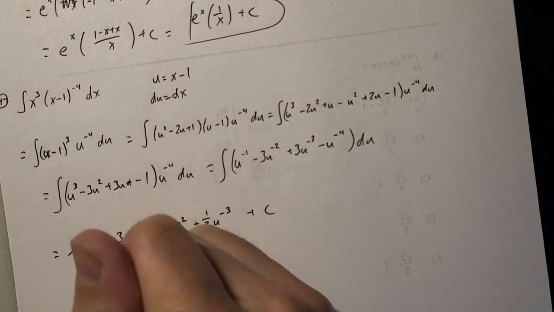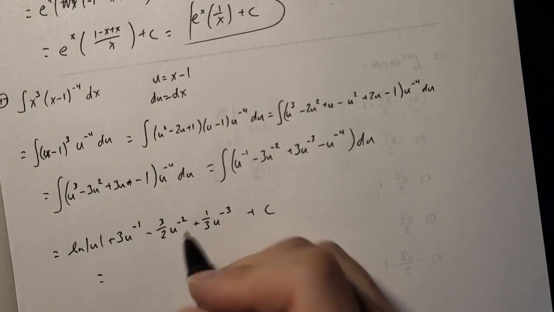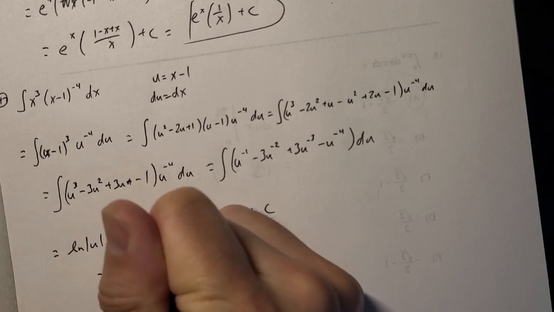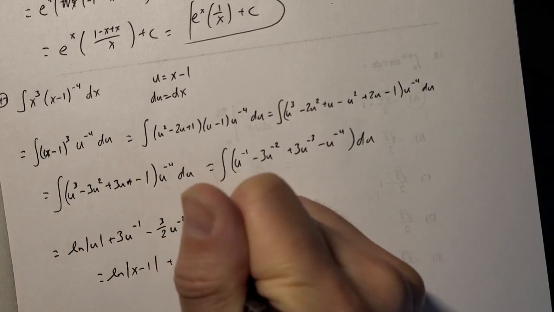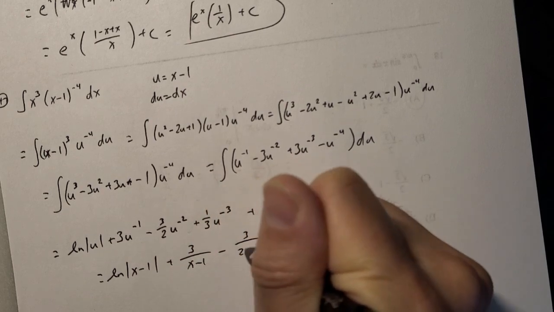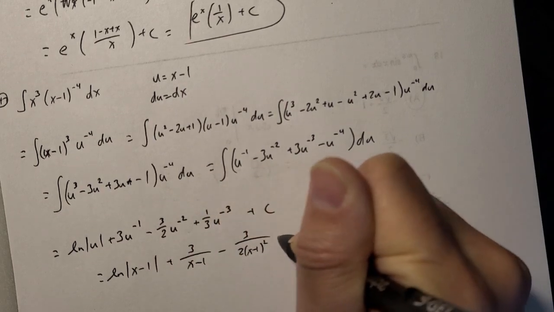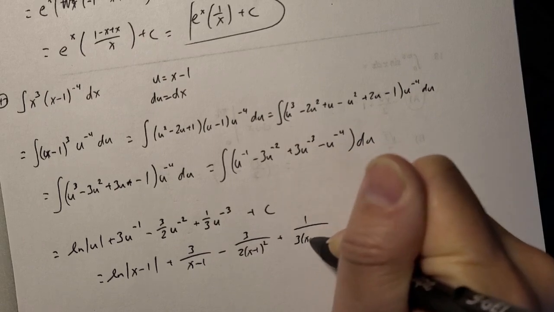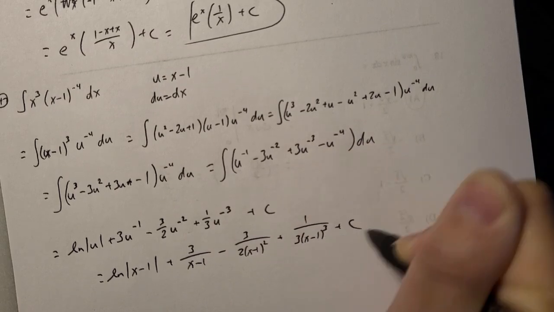Plus C. Now I'm almost done, back substitute: log of x minus 1, minus 3 over x minus 1, minus 3 over 2(x minus 1) squared, minus 1 over 3(x minus 1) cubed, plus C.